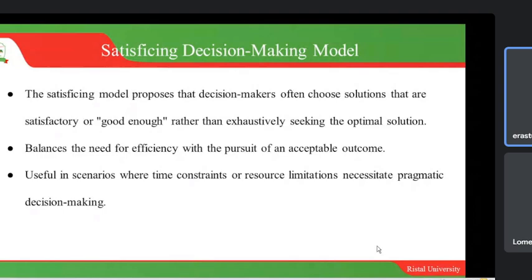Rather than seeking a maximum solution. So this is also a very critical model that is being used nowadays. And it also balances the need for efficiency with the pursuit of acceptable outcomes.